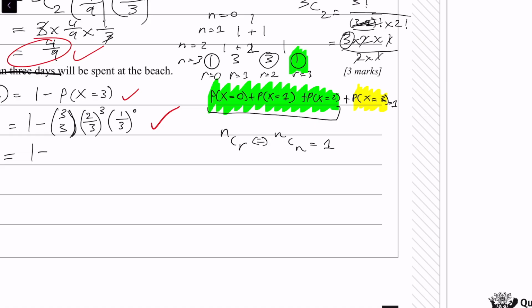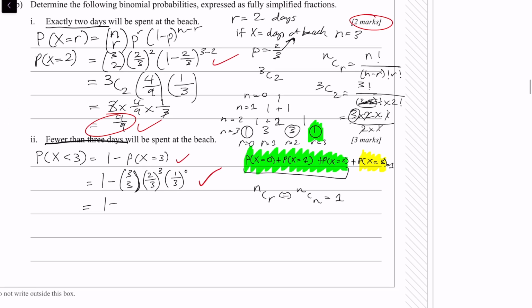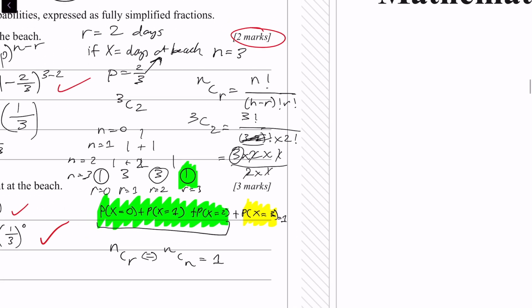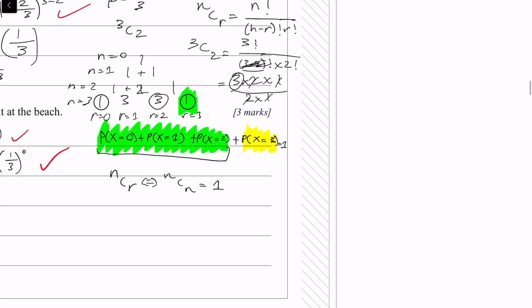Okay, and we can also confirm that using the formula with n factorial over n minus r factorial times r factorial. So 3C3 is going to be 3 factorial at the top, and then 3 minus 3 factorial times 3 factorial. So 3 times 2 times 1 over 0 factorial, that's just 1, times 3 times 2, and so obviously that's just going to equal 1, because we have both the top and bottom being the same.